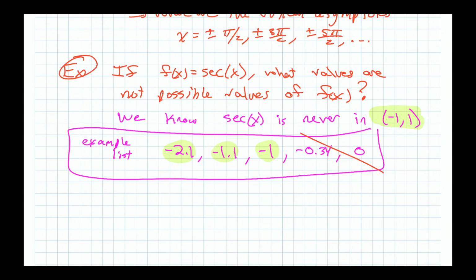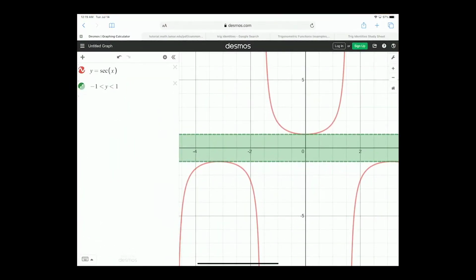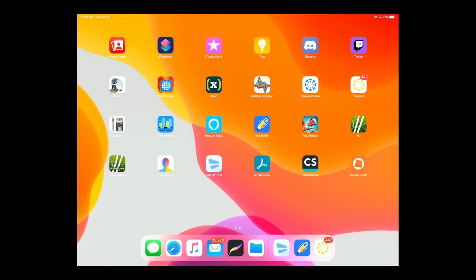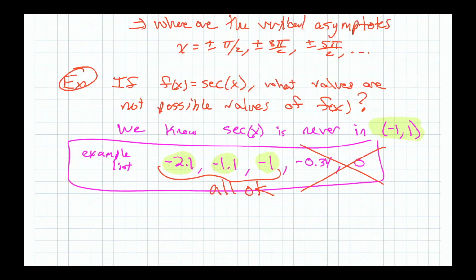So they wanted you to understand that. Basically they just wanted you to know this graph, where the green section that I drew there is like no man's land. There's no secant in there, in between -1 and 1. All right. So that's a lot just for the basic secant.